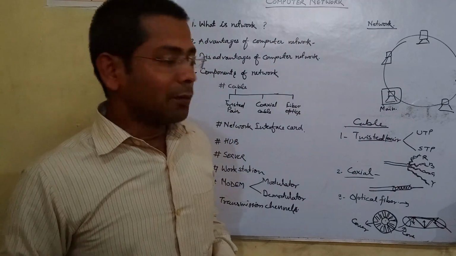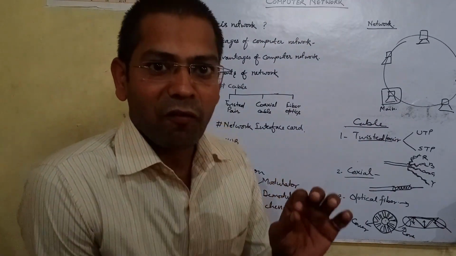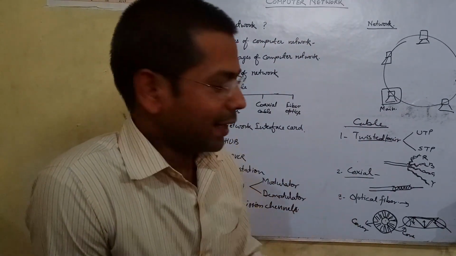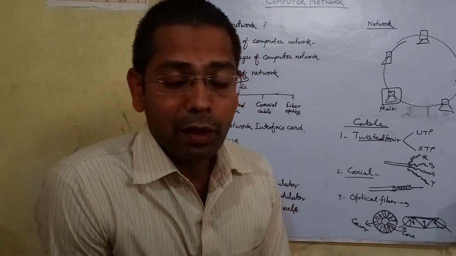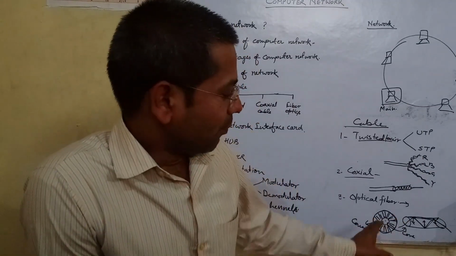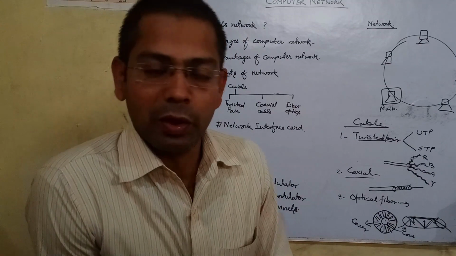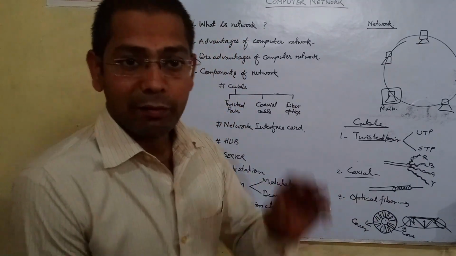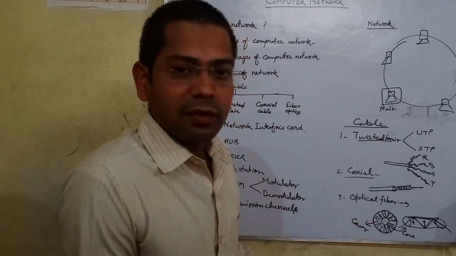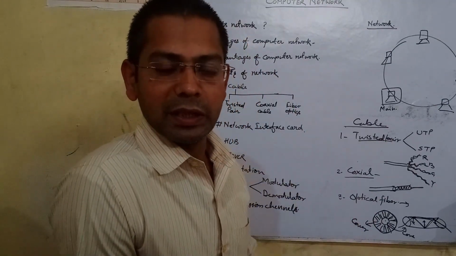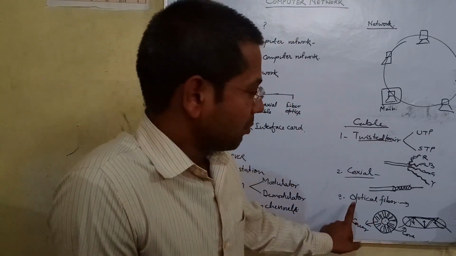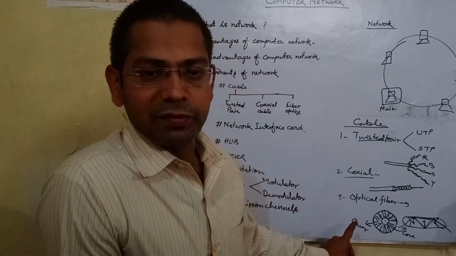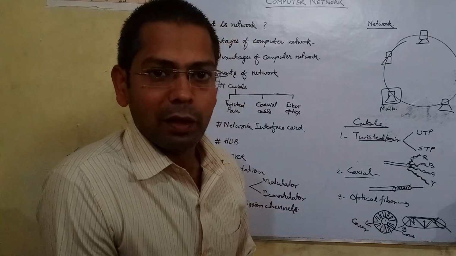So on the basis of the reflection rule of light, the data goes from one place to another continuously. So the optical fiber has the highest potential and the highest efficiency. The best medium of transferring data is optical fiber.